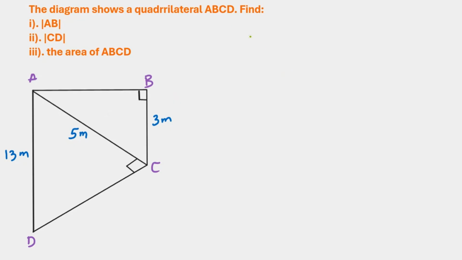So let's solve the first. And we have to find AB. The side AB is from the triangle ABC. So let me write this one. From triangle ABC.